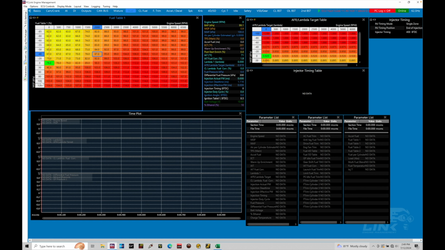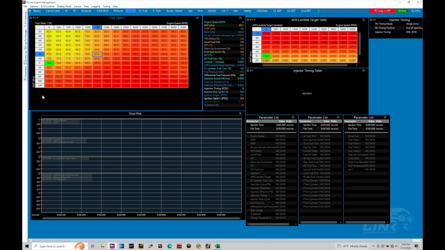So if you're looking at a boost pressure gauge, that would be the equivalent of about 14, 15 PSI. If we have a value here going in the table up to 200 MGP, that would be the equivalent of about 28 PSI. It's going to double. Every 100 kPa increase in MGP is essentially adding another 14 to 15 pounds of positive manifold pressure. So hopefully that's clear and it's pretty simple.